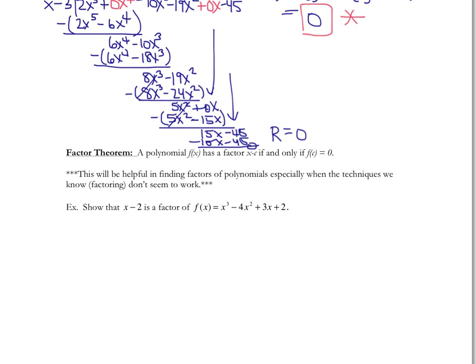So, example: show that x minus 2 is a factor of f of x equals x to the third minus 4x squared plus 3x plus 2. Well, we can combine the remainder theorem and factor theorem here. This is asking us to find f of 2. So plug in 2 anywhere I see an x.